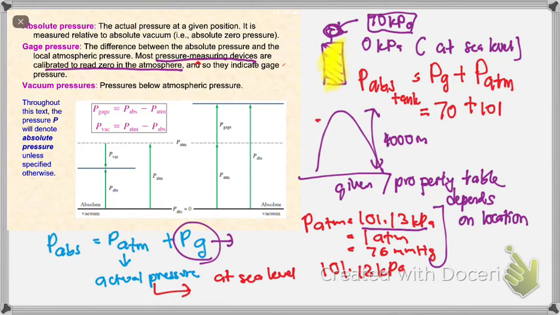So you will have the absolute pressure there equal to 171 kilopascal.